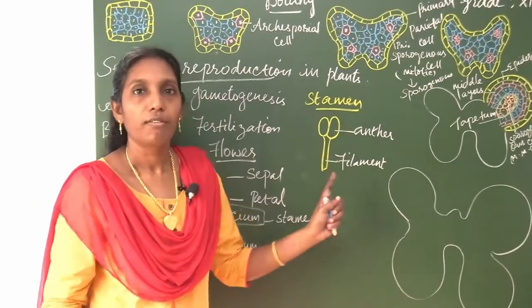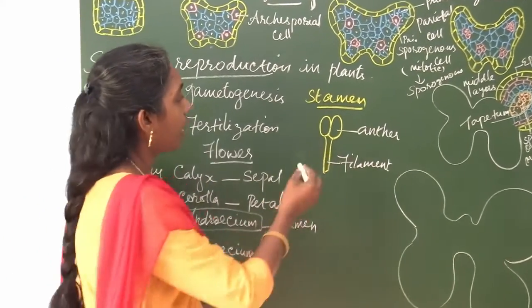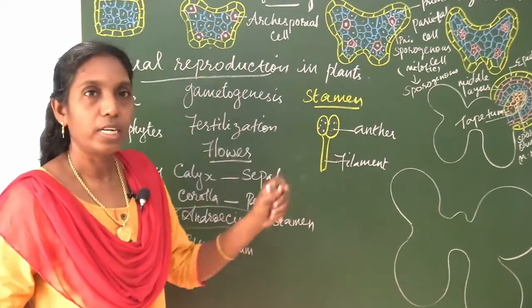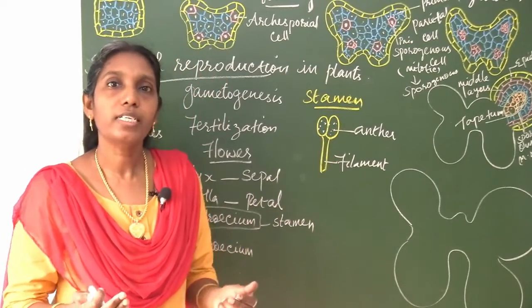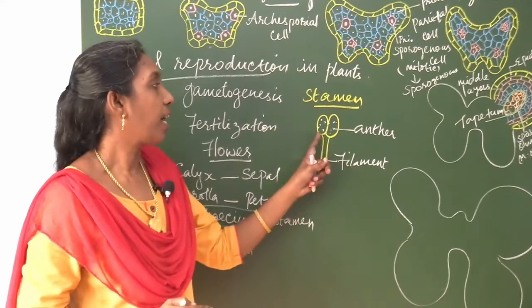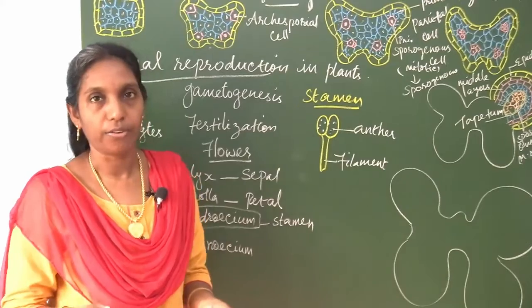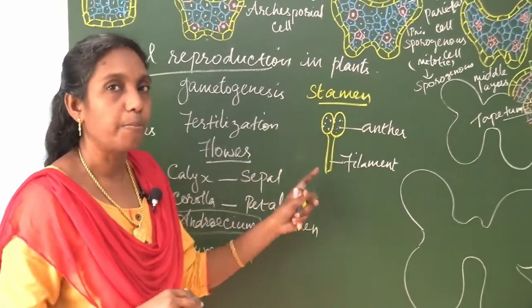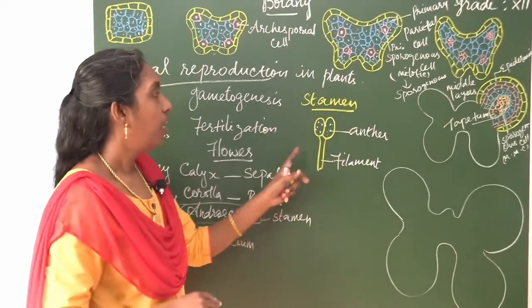Inner to the anther, the pollen grains are present. These are the pollen grains, which represent the male gametophyte.